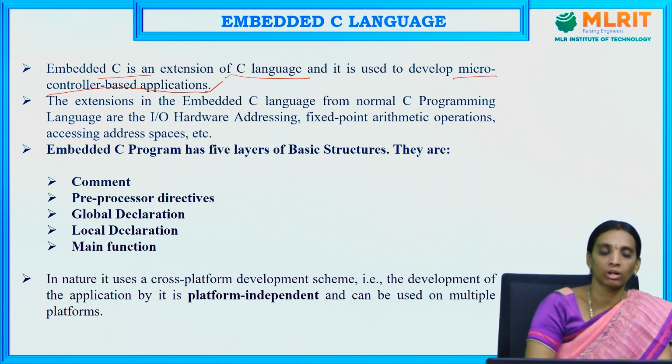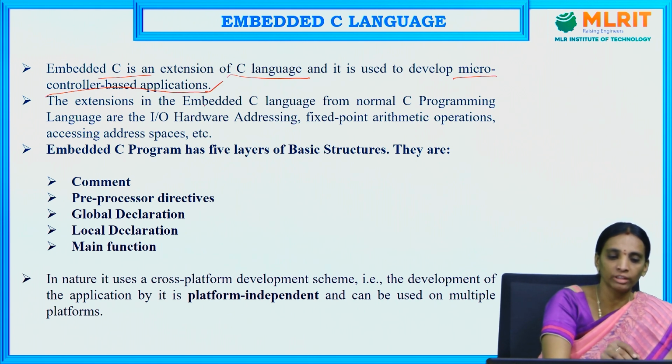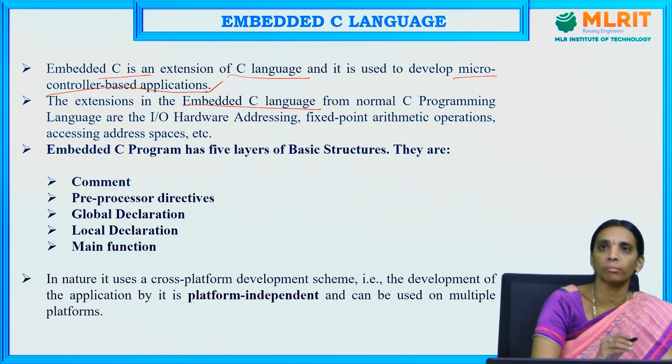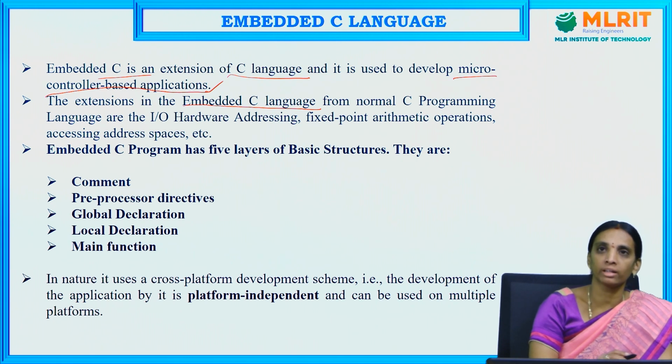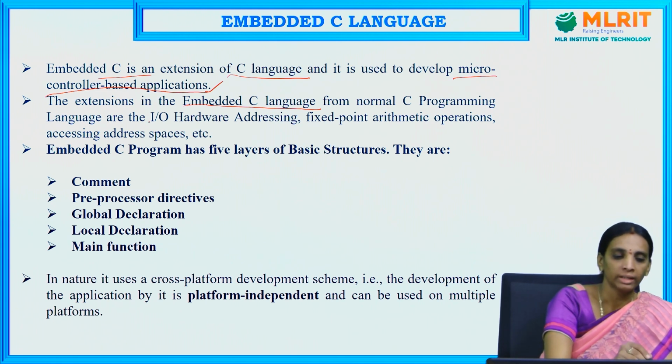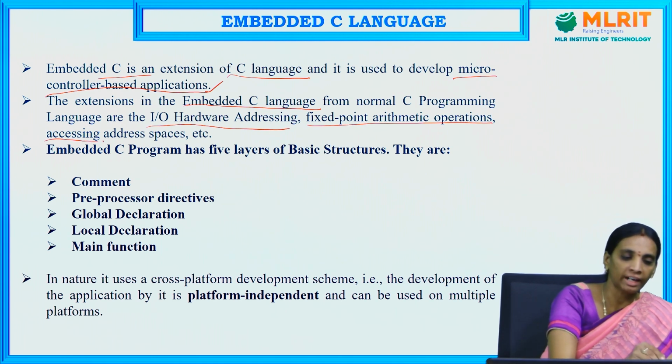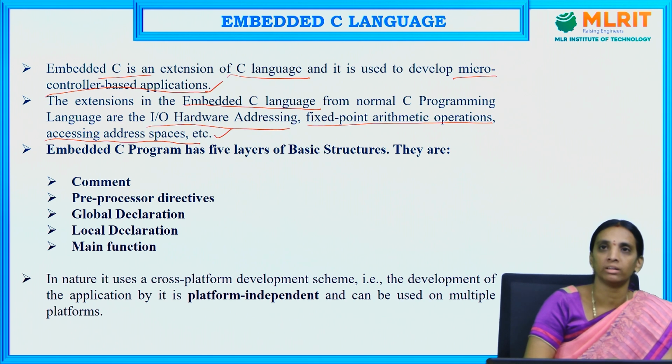The extensions in embedded C are from normal C language only. That means whatever operators and keywords we use in C language are all used in embedded C also. But the main difference is that it uses I/O hardware addressing, fixed point arithmetic operations, accessing address spaces, etc.